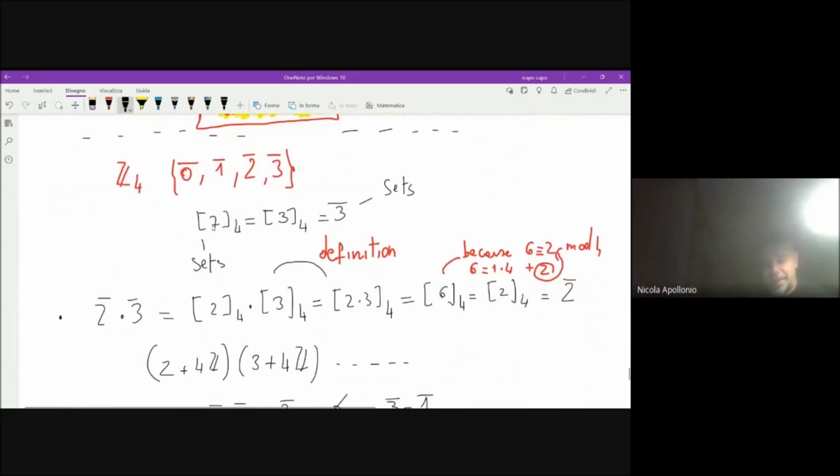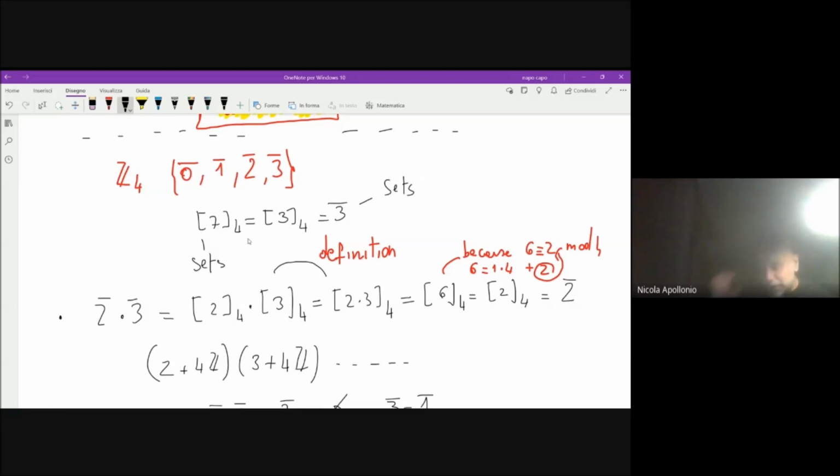I'm sorry if I insist on the class of 7, but for the time being you have to understand very well that we are speaking about sets, not numbers. We are still speaking about sets.